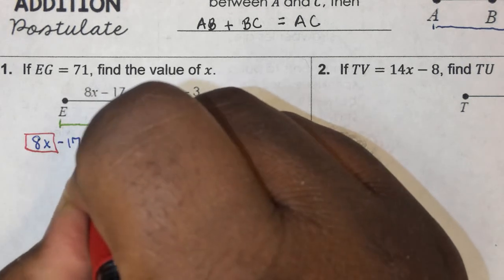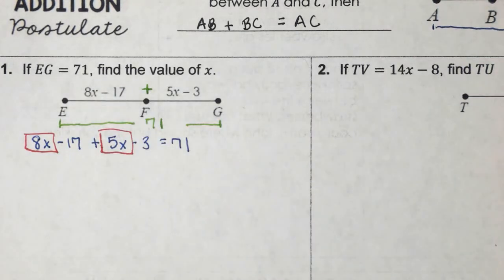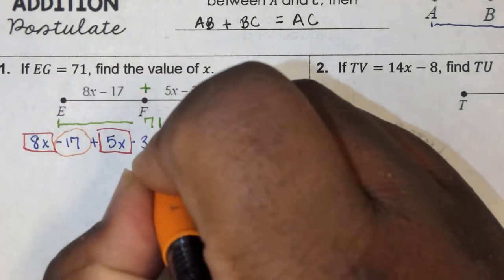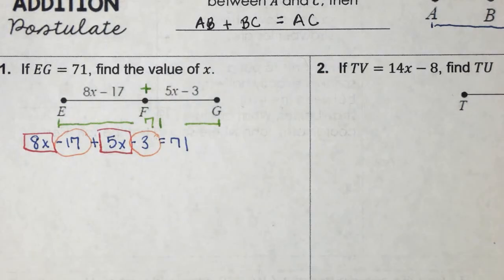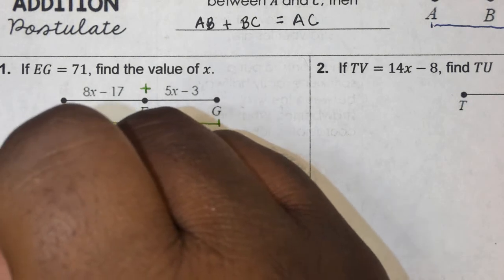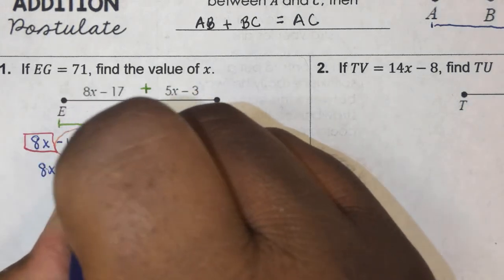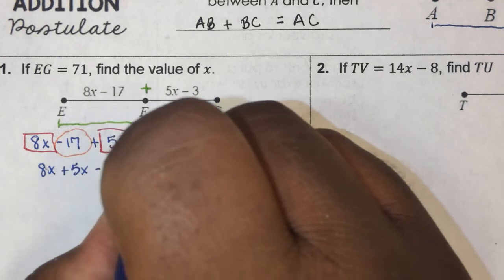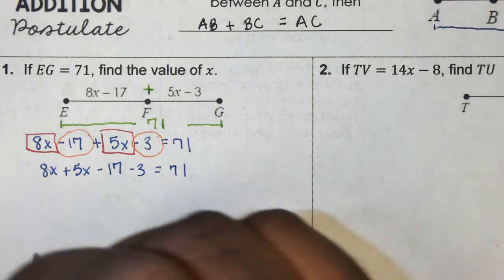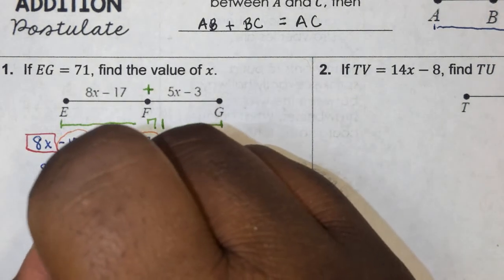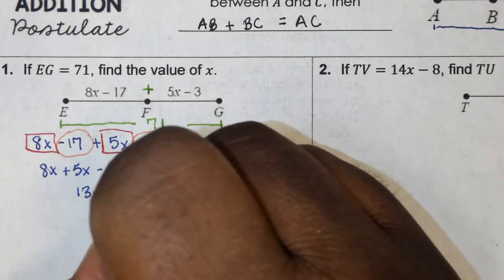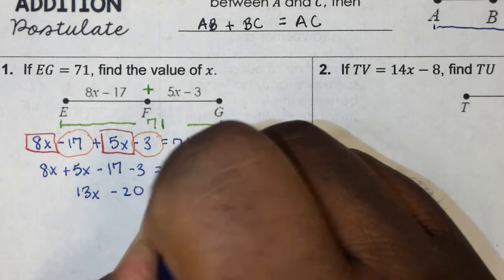All right, 8x plus 5x minus 17 minus 3 equals 71. Combine that together, we get 13x, and then minus 17 minus 3 is negative 20, equals 71.